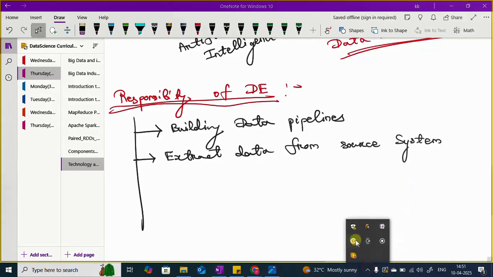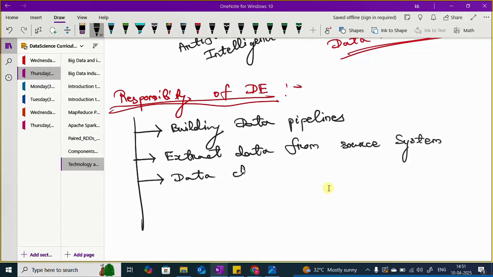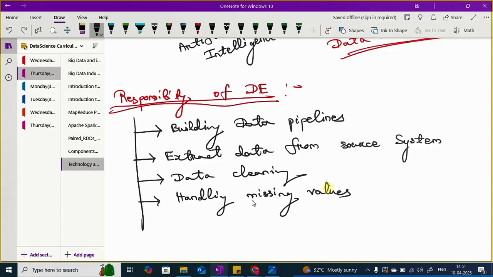Now, once they extract the data from the source system, what is the next step? Data cleaning, handling missing values. Data cleaning, handling missing values.